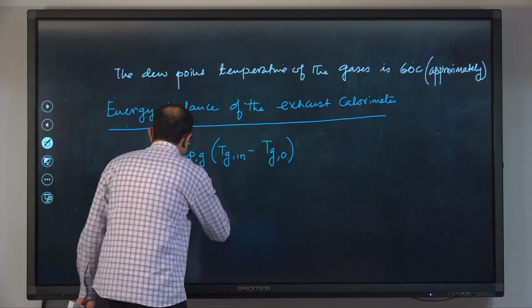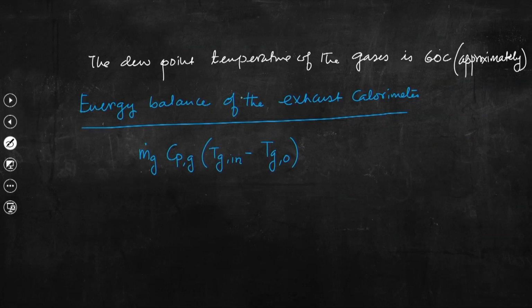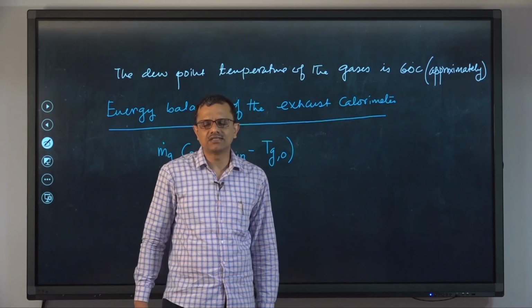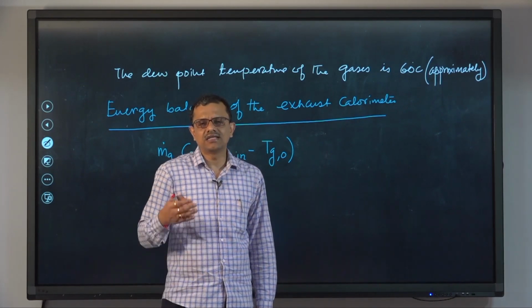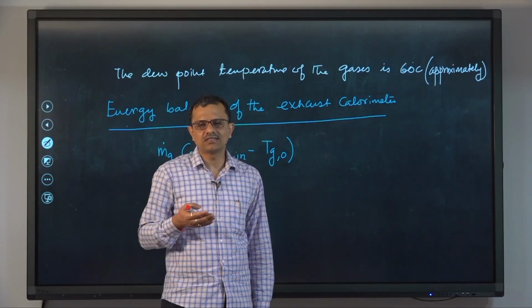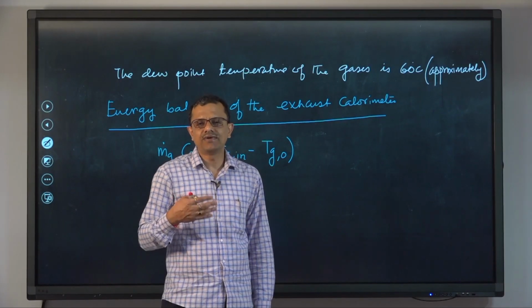Now, the question is this: Cp. Had we considered the gas to be a calorically perfect gas, we could have considered Cp to be constant, but essentially the temperature of the exhaust gases is so high that Cp will vary.